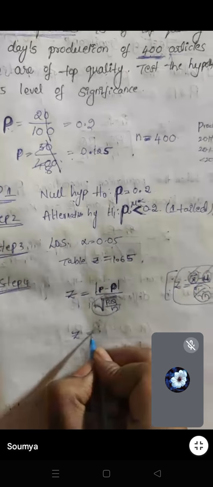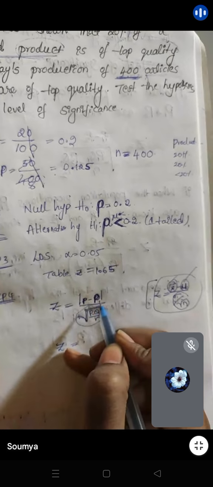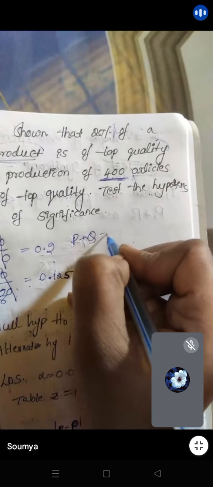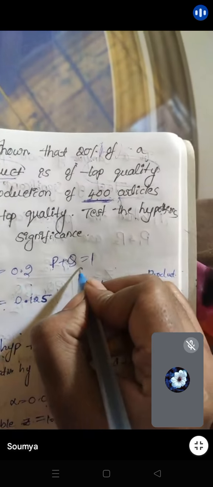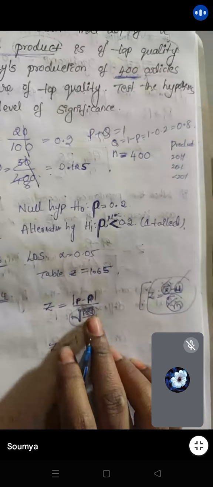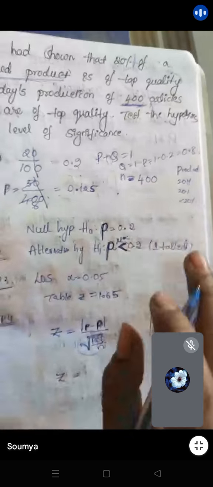So what is small p, what is capital P, and what is capital Q? We know that P plus Q equals 1, so Q equals 1 minus P, that is 1 minus 0.2, that is 0.8. What is n? 400.